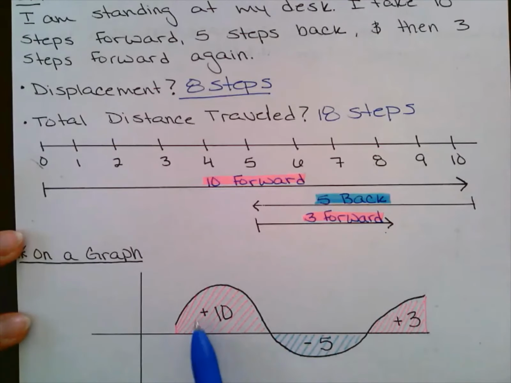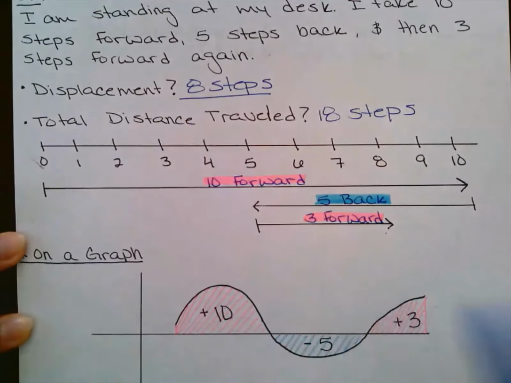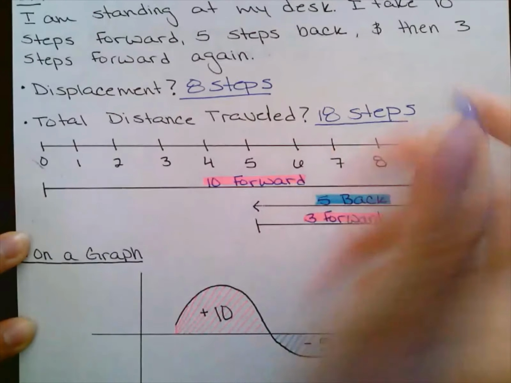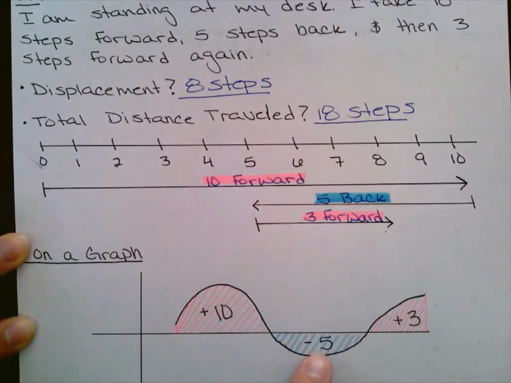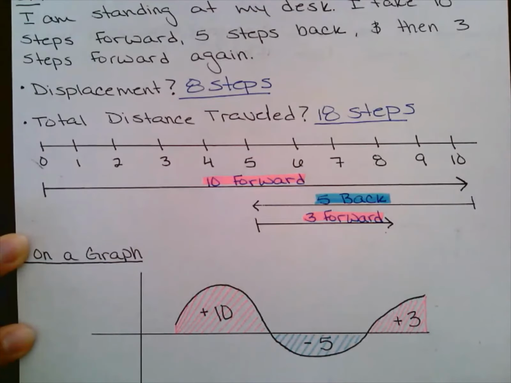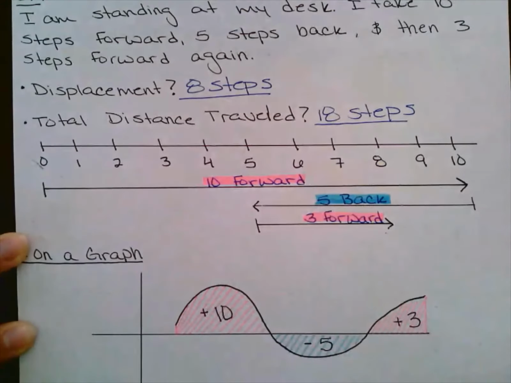Well, you have to take that bottom part as a negative. 10 minus 5 plus 3 gave me the 8. But then if I ask for total distance traveled, I'm going to count that negative. That's why you see the absolute value in the integral as a positive. I took 10, then 5, then 3 steps to make a total of 18 steps.